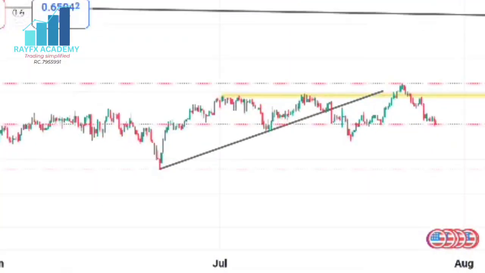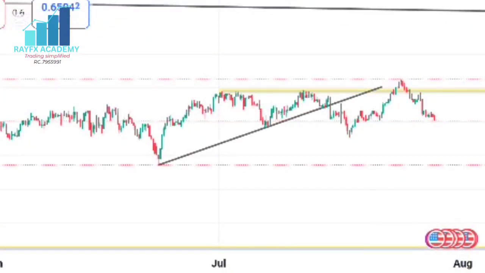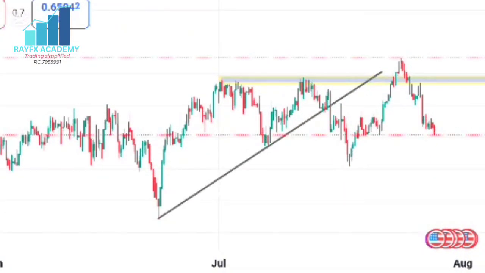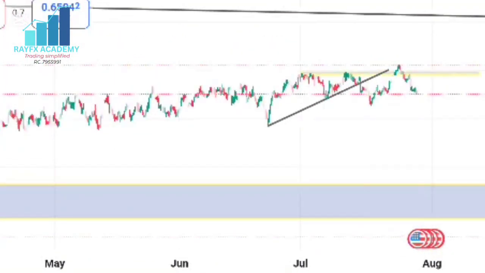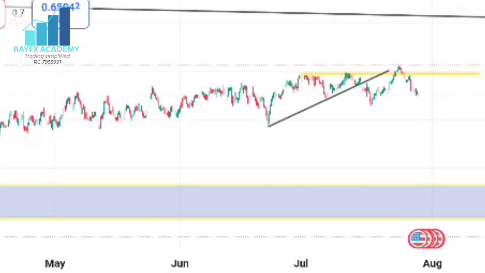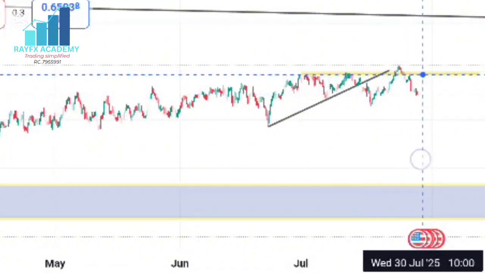But instead, what happened? The market came back down, retested this zone, and reversed. It reversed. So what are we now looking out for? We're looking to see something like this.